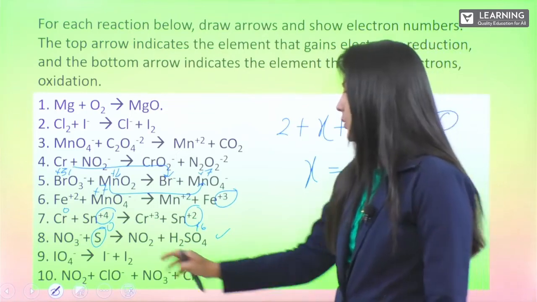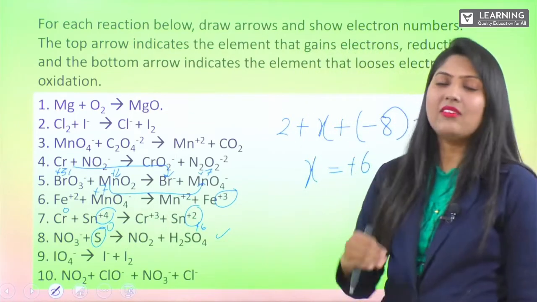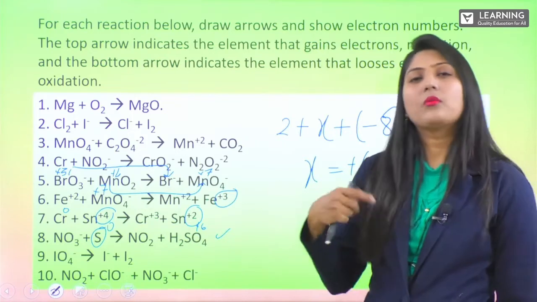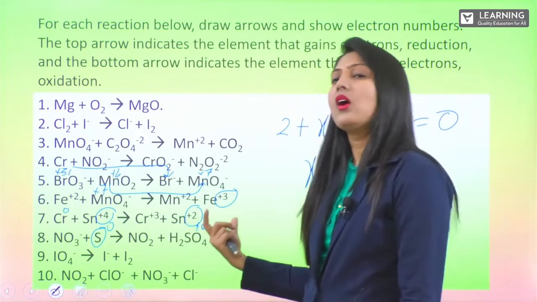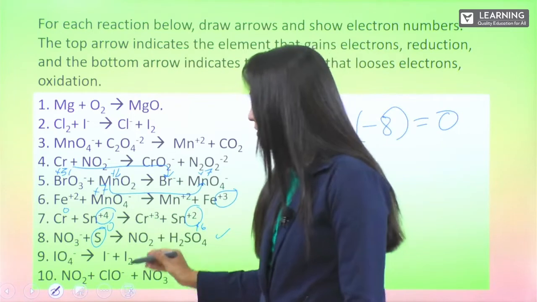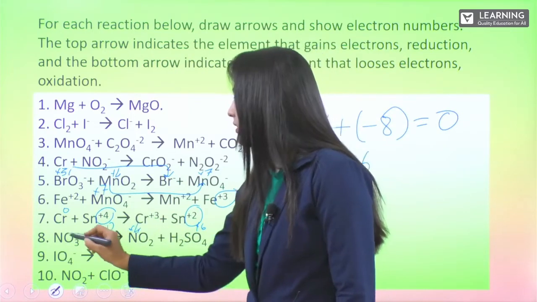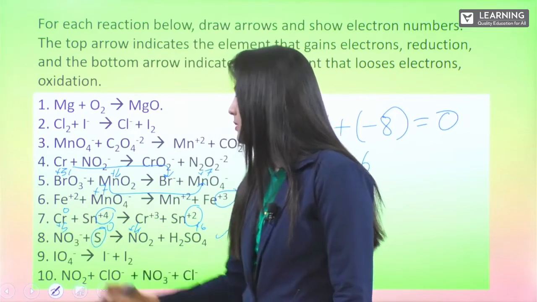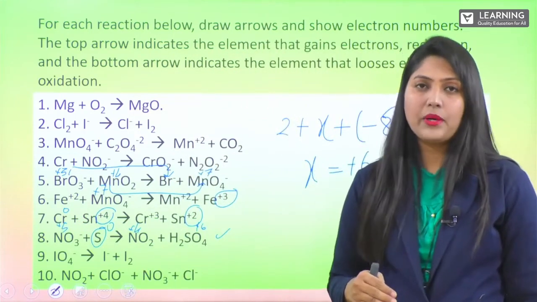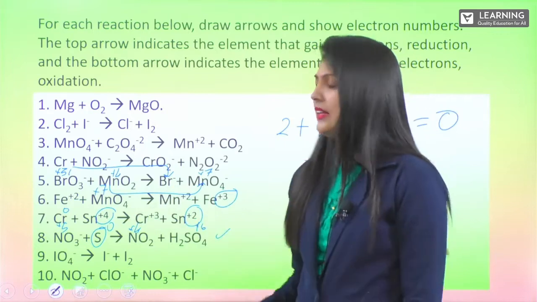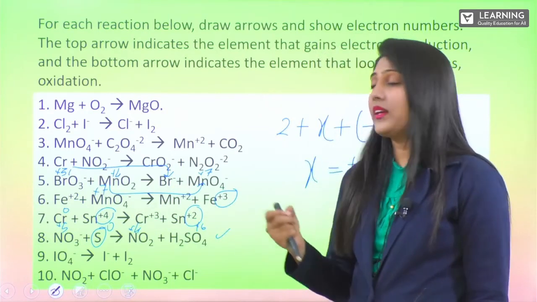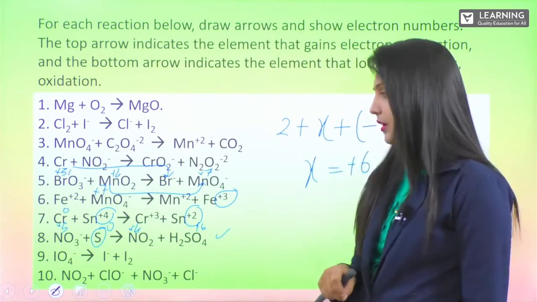So 0 to plus 6, we have increase in oxidation number or removal of electrons. So it is undergoing oxidation. Whereas nitrogen, you can see here it is plus 4, and here it is plus 5 state. So it has been reduced in the oxidation number, or gain of electron has taken place. So we can say nitrogen is undergoing reduction.